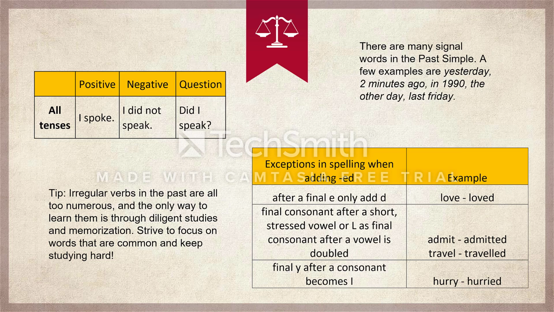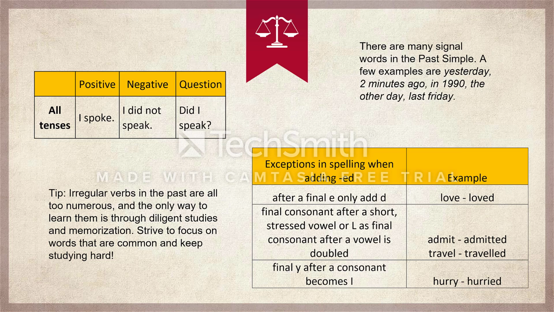Now, the second exception states that after a final consonant, after a short stressed vowel, or L as final consonant after a vowel, it is doubled. So let's break that down. When our word ends with a consonant, and right before that consonant there is a short stressed vowel, or if the consonant is an L, we must double that consonant.